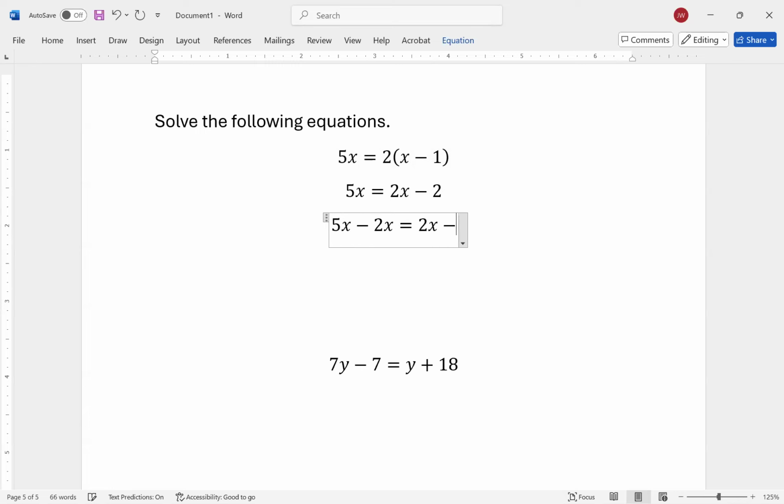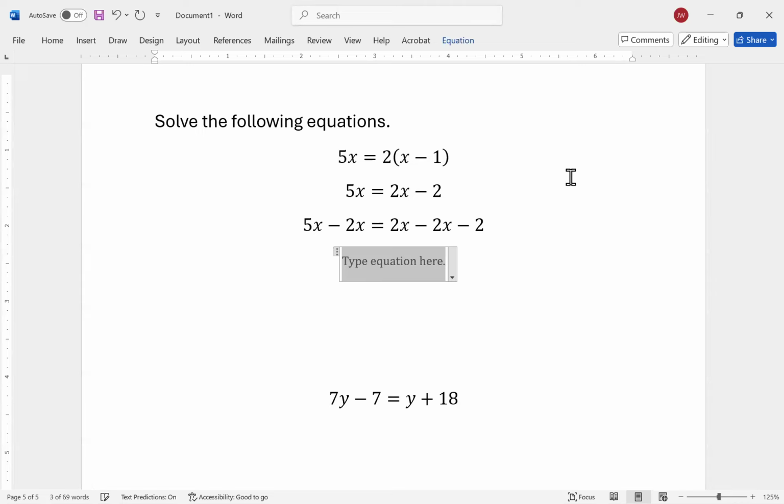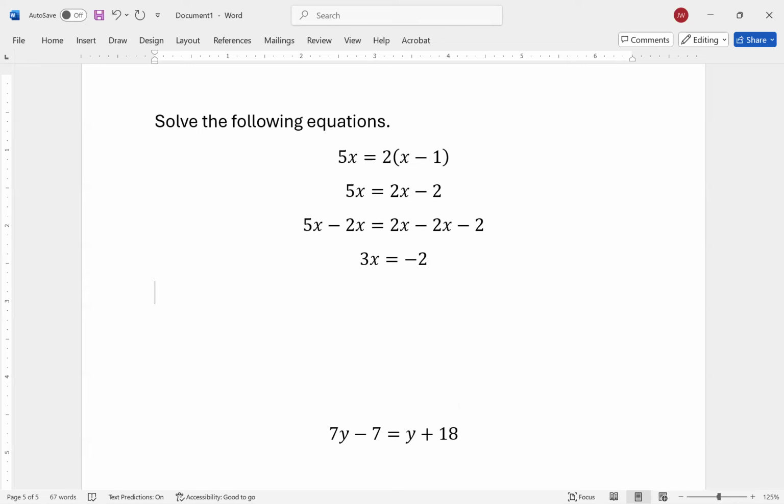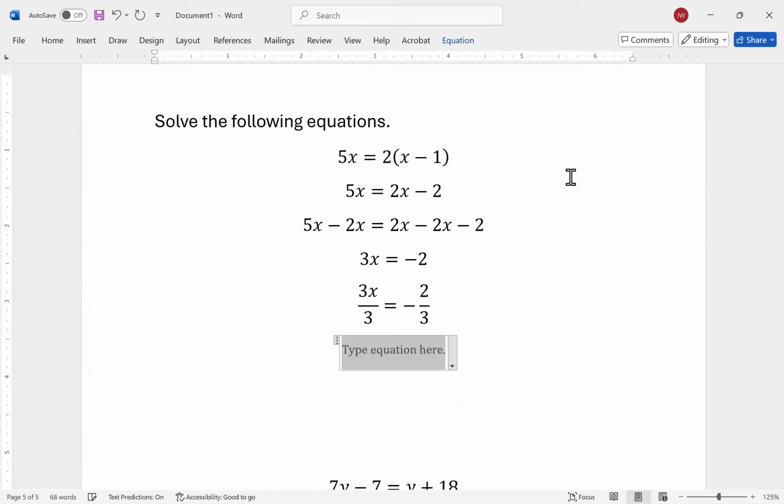If I subtract 2x from the right-hand side, I need to subtract that 2x from the left-hand side as well. That maintains equivalency, and I'll get 3x is equal to negative 2. Dividing both sides by 3 gives me 3x over 3 is equal to negative 2 over 3. So x is equal to negative 2/3.